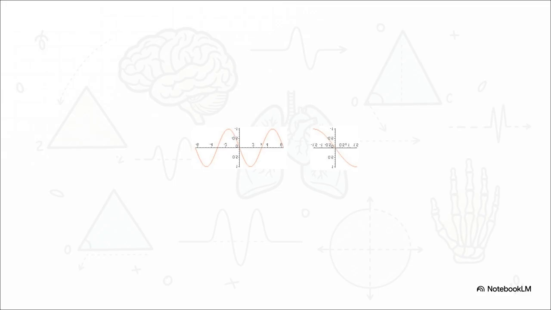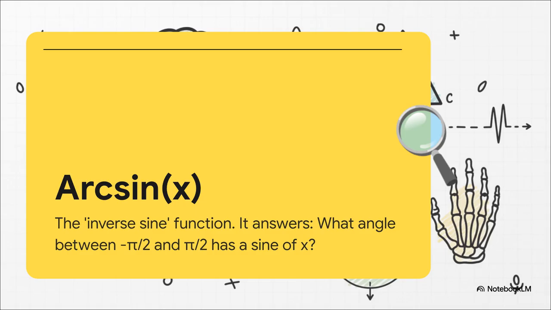They decide to only look at one small piece of the wave, a section where every y value matches up with only one x value. So by restricting our view from negative pi over 2 to pi over 2, we guarantee we get one unique answer every single time. And that unique answer comes from a new function, the arcsin. It's literally designed to do just one thing: take a coordinate value and give you back a single definite angle.